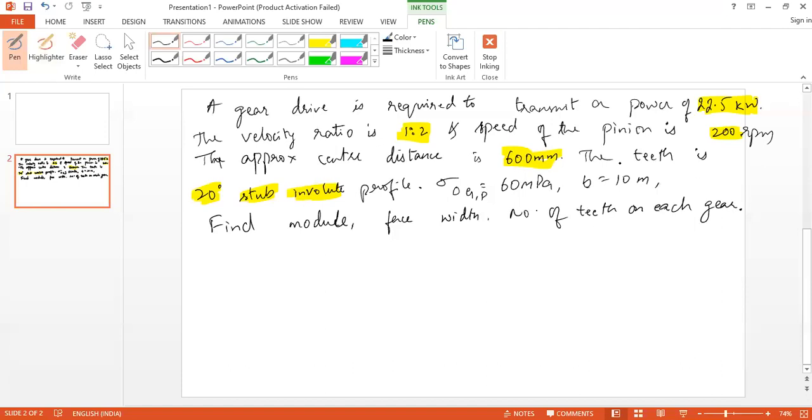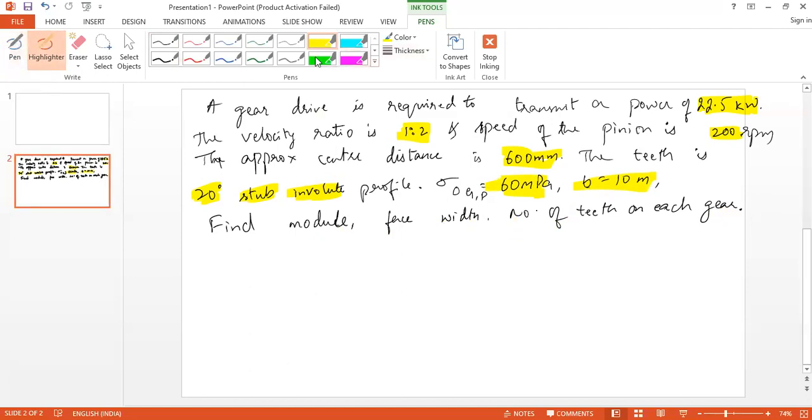Both gears are made of the same material, and the face width is 10 times the module. Find the module, face width and number of teeth on each gear.